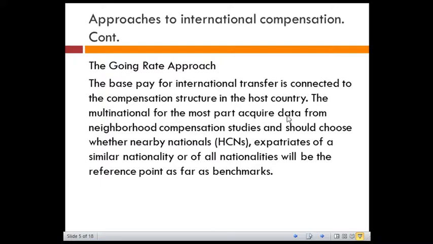So they would go out and gather data and study this, different procedures, etc. They would choose whether nearby home country nationals, expatriates of a similar nationality, or of all nationalities will be the reference point or benchmark. So they gather this data together and use their findings as a benchmark as to how to put into play the base pay, etc.